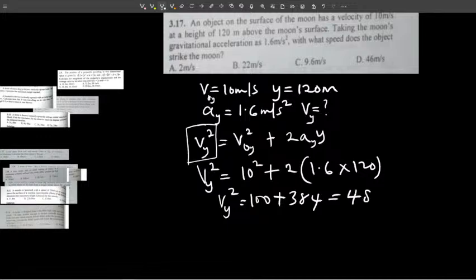Everything here should give me 484. If we take the square root now, the square root of your answer should be 22. So the answer here is 22 meter per second, which is B.